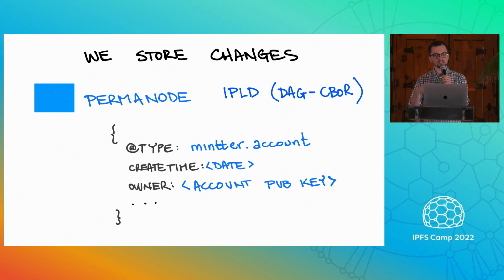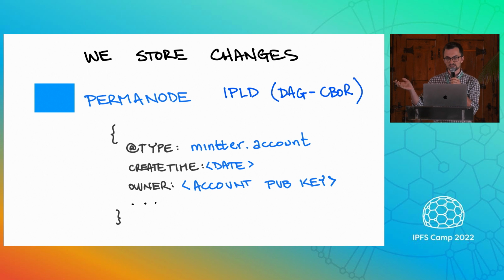What it is, when it was created, who's the owner of that object, and we try to add this @type thing to all of our IPLD objects that we create, because we think IPLDs are not sufficiently self-descriptive. We wanted to add some additional information so that, seeing a piece of data without context, you can at least guess what it represents.